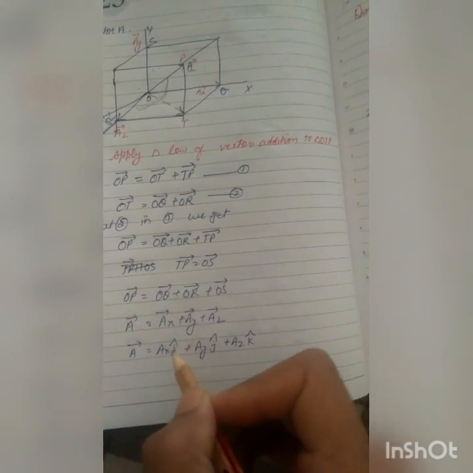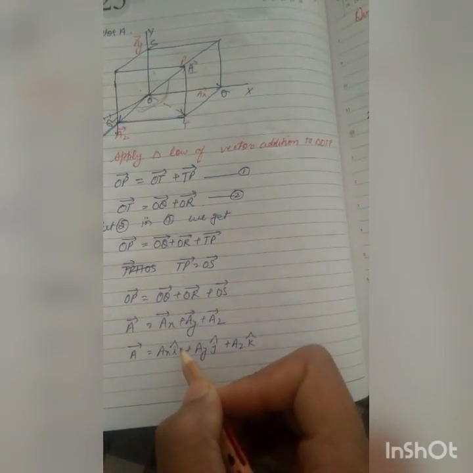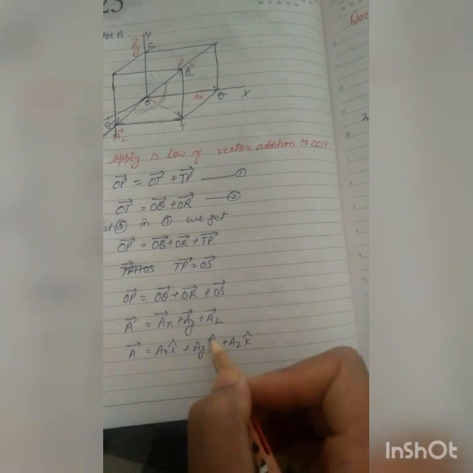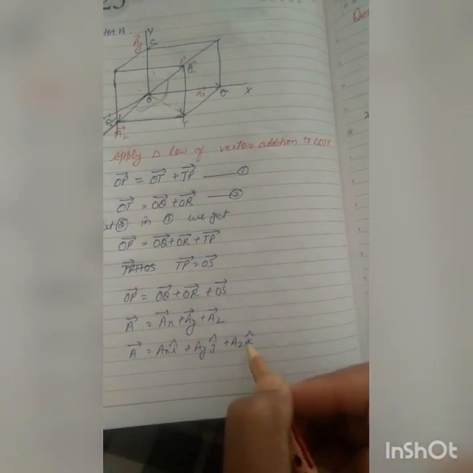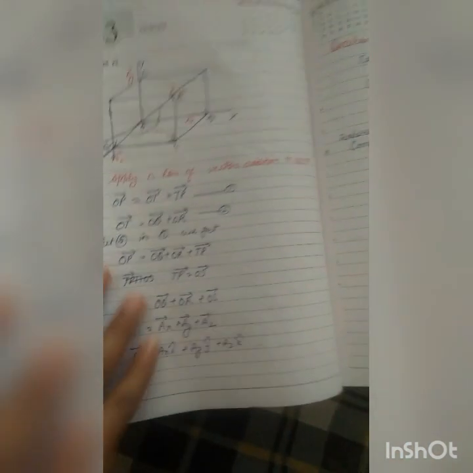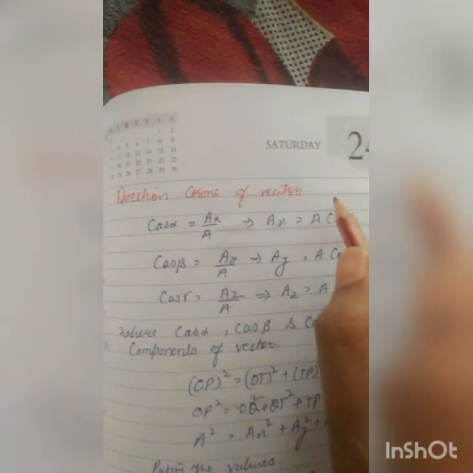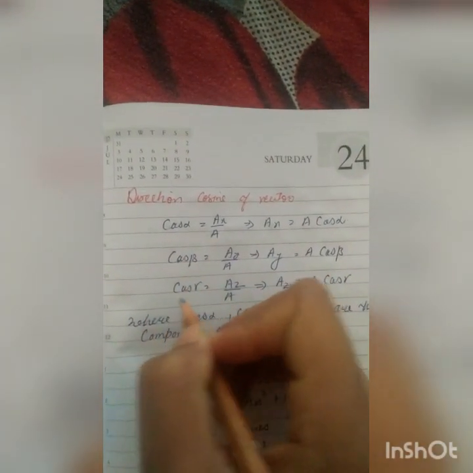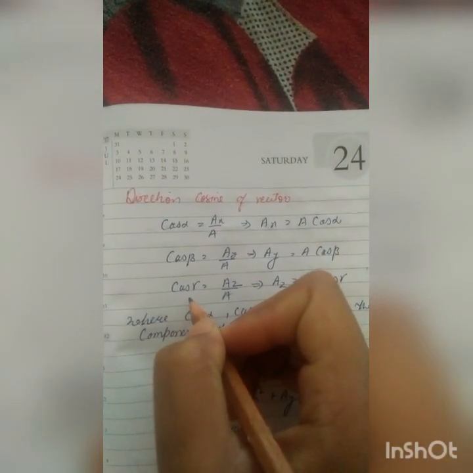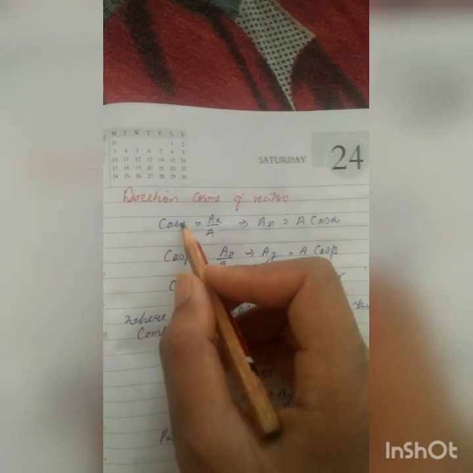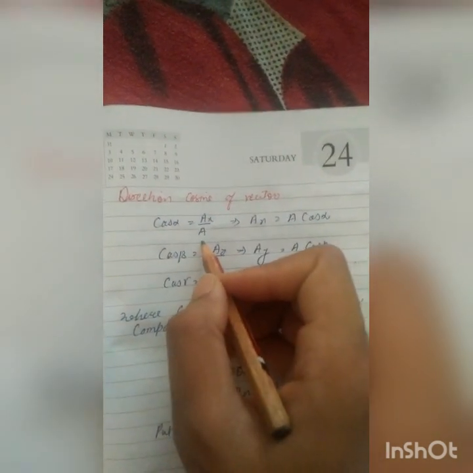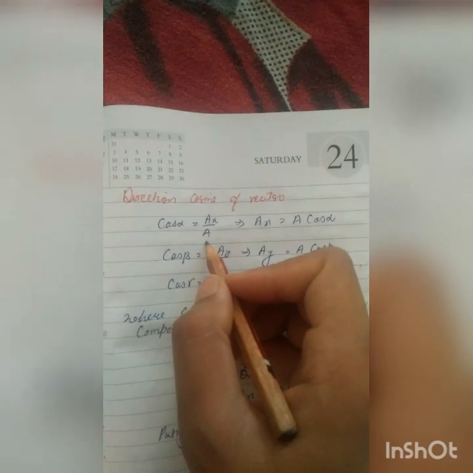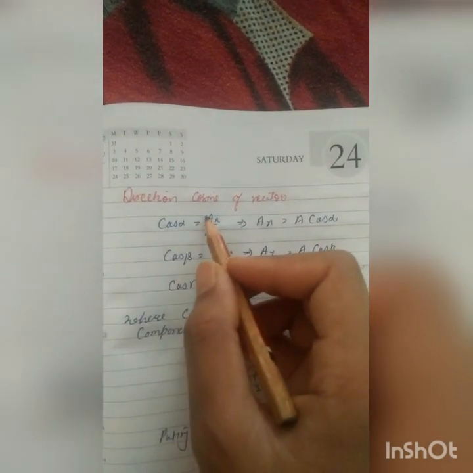So A vector becomes AX into I unit vector plus AY into J unit vector plus AZ into K unit vector. Now we have to find the direction cosines of the vector. Let cos alpha, cos beta, cos gamma be the direction cosines of the vector. Cos is base upon hypotenuse. Go into the triangle and cos alpha is equal to AX upon A vector.